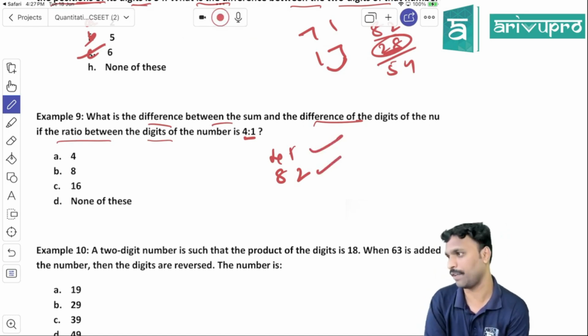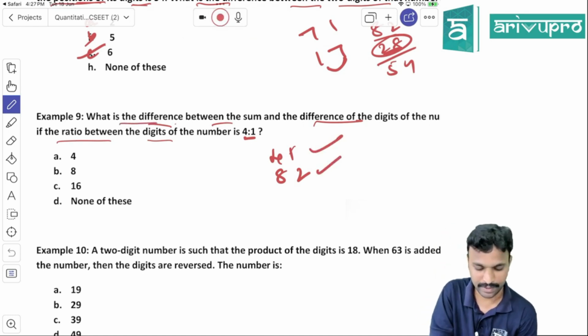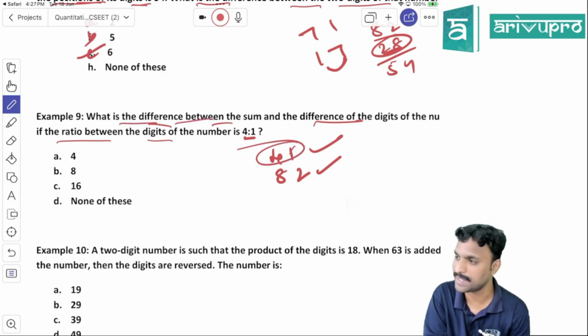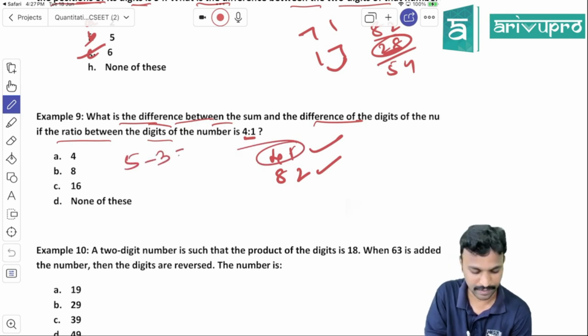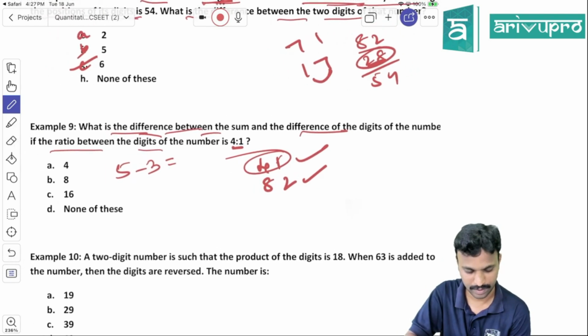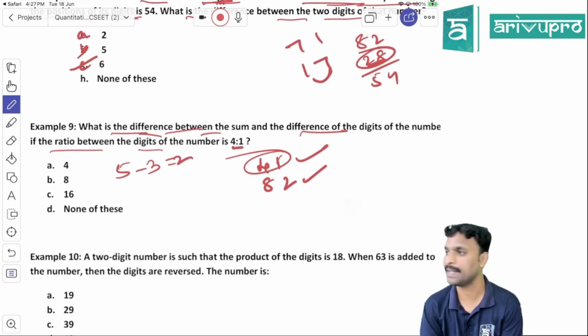Now try with 41 first of all. What is the difference between the sum and the difference of the digits? For 41, the sum is what? 5. For 41, the difference is what? 3. How much is the difference? 2. Is 2 present here?